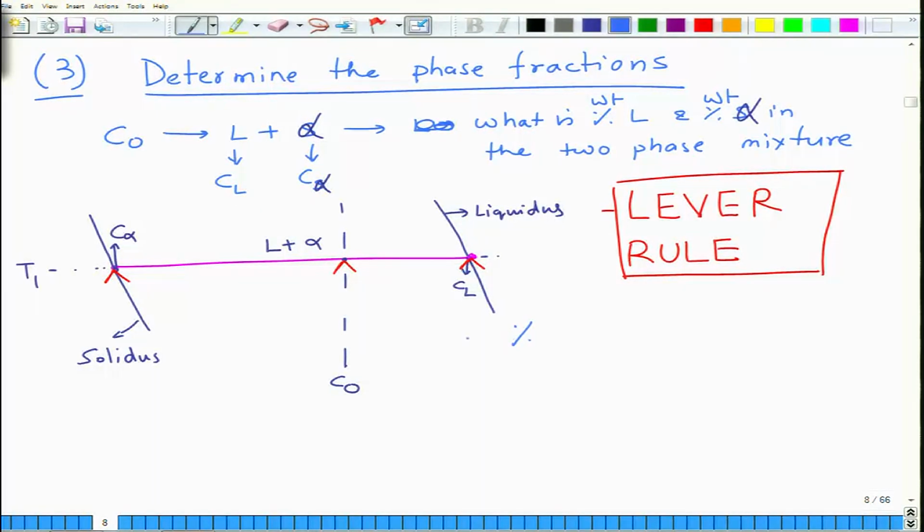So the weight percent of, in this case, the liquid will be equal to, so this is liquid plus solid.